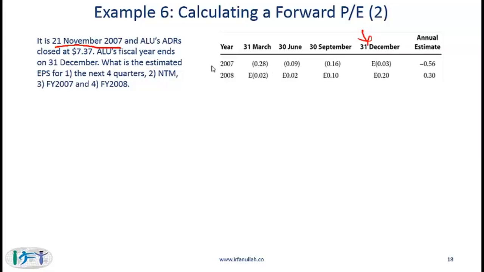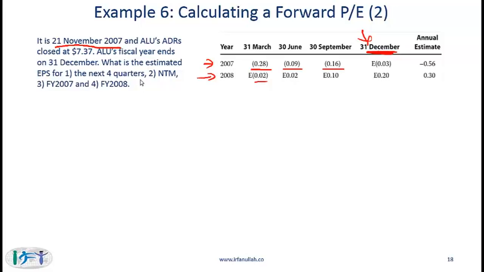All previous quarters in 2007, quarter ending 31st March, 30th June and 30th September, these are actual numbers. And then this quarter is where we are, the 4th quarter of 2007. Here we have an estimated number because the quarter isn't over, so the number hasn't been reported. And then this is the next fiscal year, also the next calendar year, and we are given the estimates for all 4 quarters.